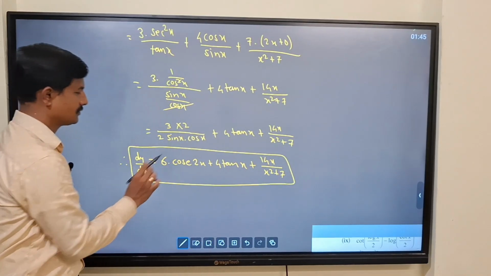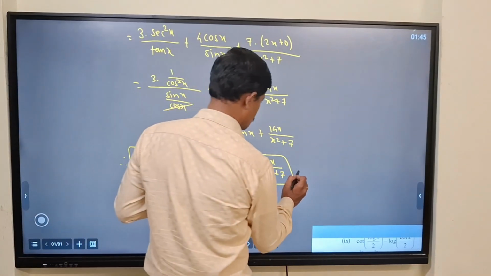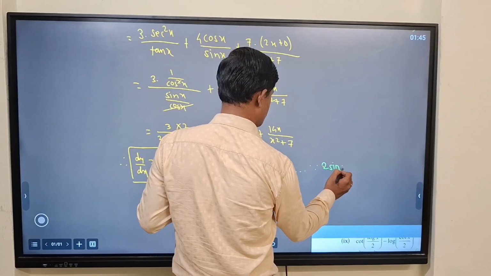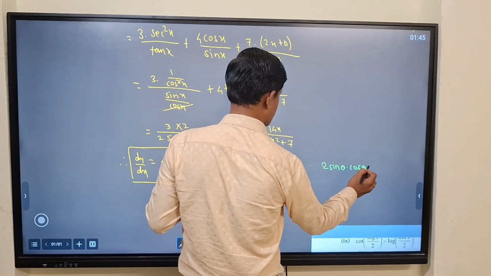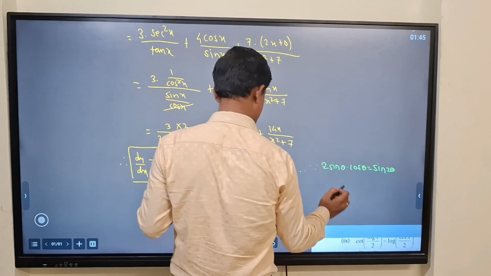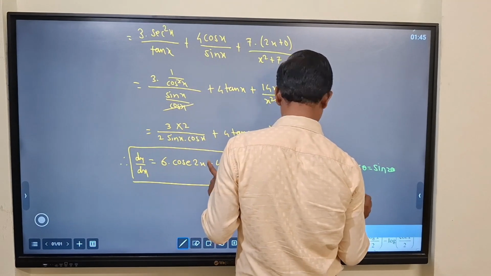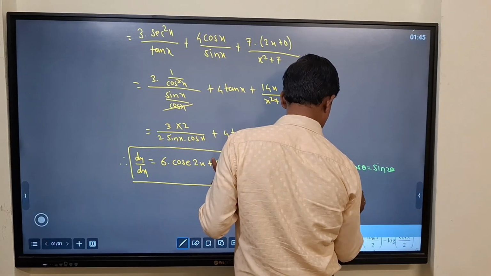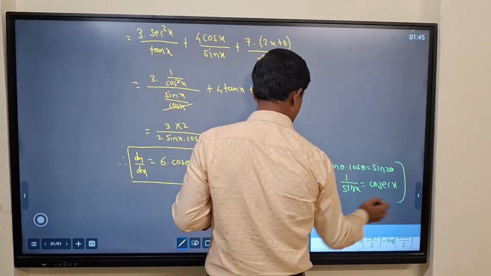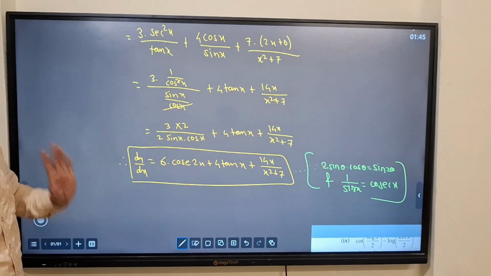Why this becomes 6? 3 to 6 is okay, but here we used two trigonometric functions, like 2 sin theta into cos theta is sin 2 theta. So the denominator becomes sin 2x, and 1 upon sin x is what? This is cosec x. Okay, these two functions we used here.